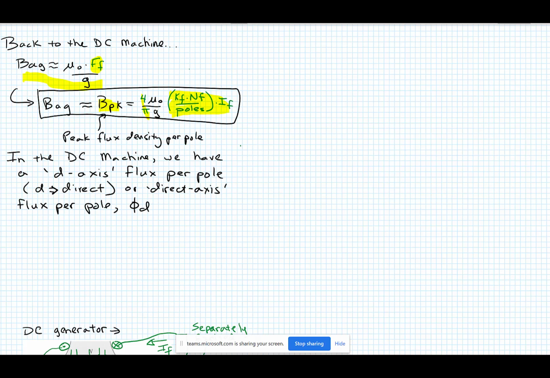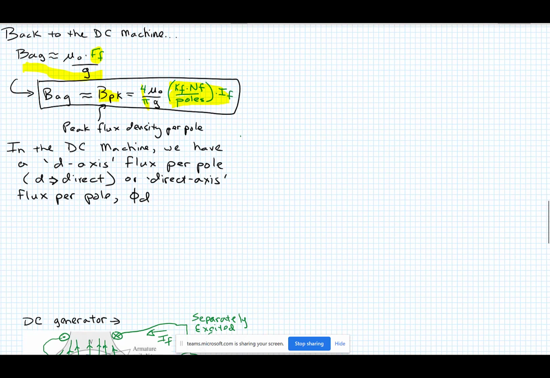And the interesting thing about the DC machine is that you're really using the whole flux. You're not using just the fundamental component. And that's a minor point.